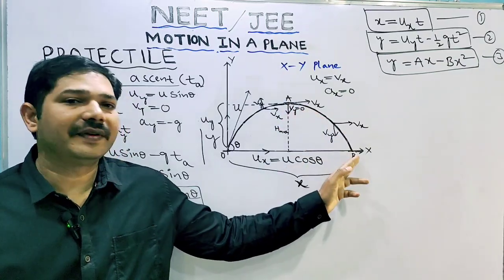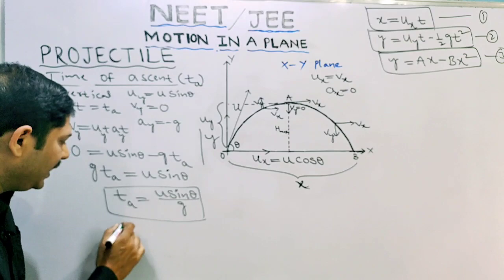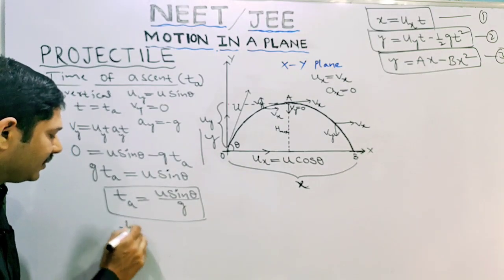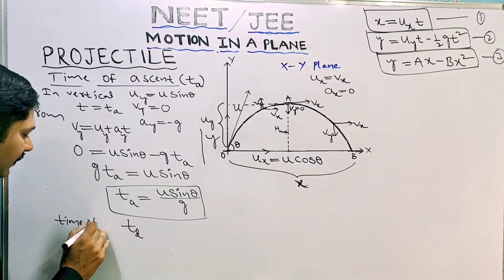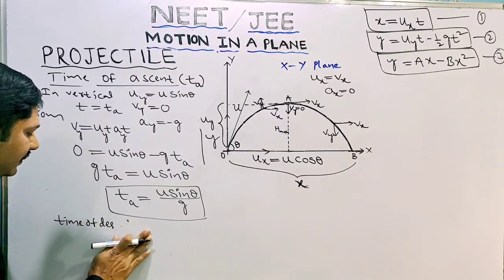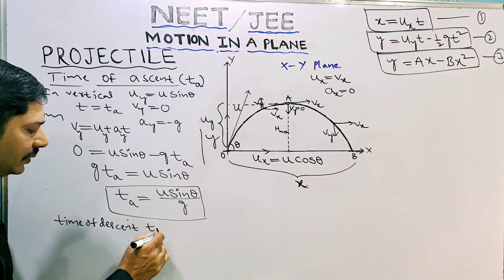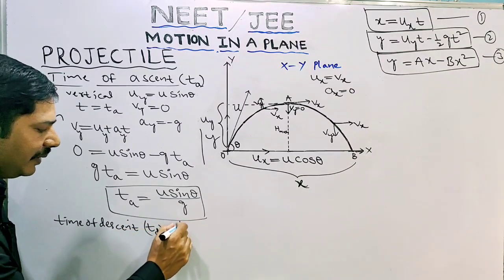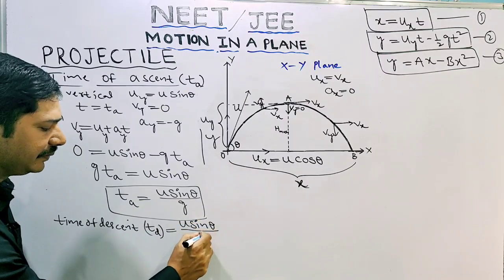For time of descent also, the same time only it will take. So therefore Td, time of descent, equals u sin theta by g only.